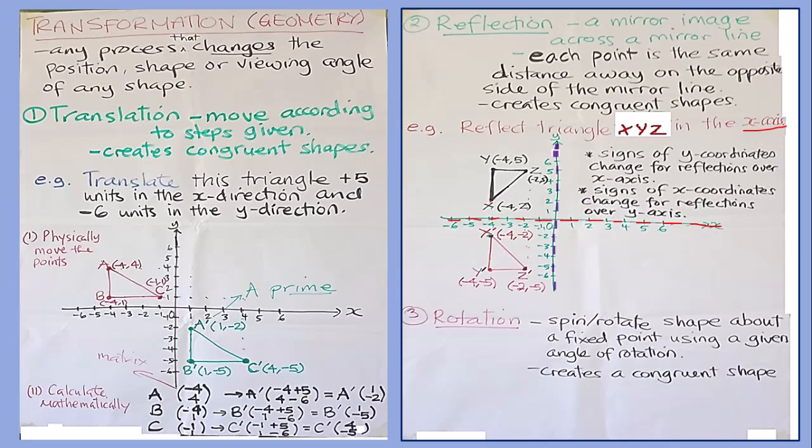So if our mirror line is the y-axis, then the y-coordinates remain the same, but the x-coordinates will change from negative to positive or from positive to negative. It depends on where the object is before it is reflected. And so here are these two points to take note of.